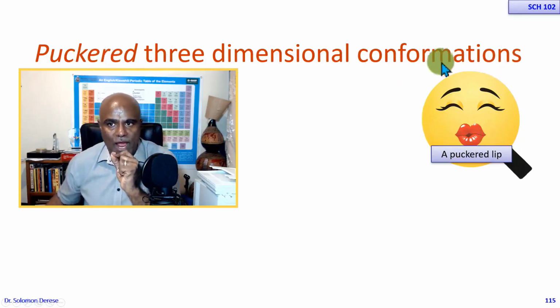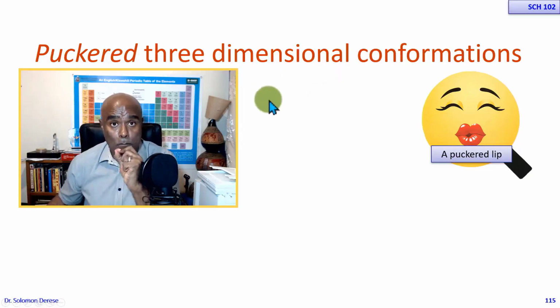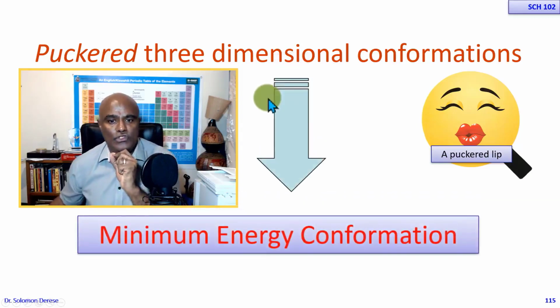The reason why cycloalkanes adopt a puckered three-dimensional conformation is to become stable, to minimize their energy.